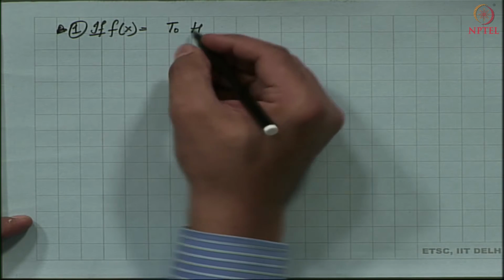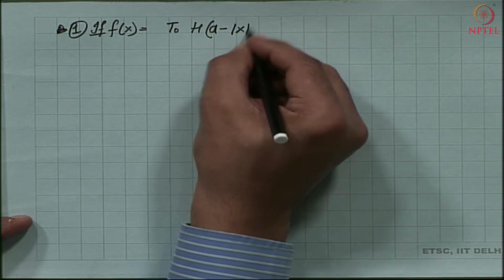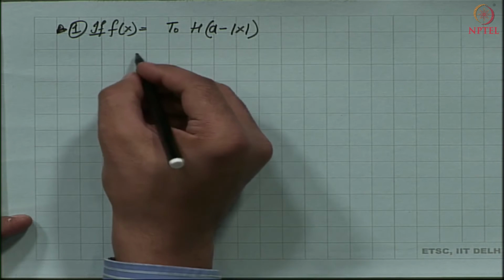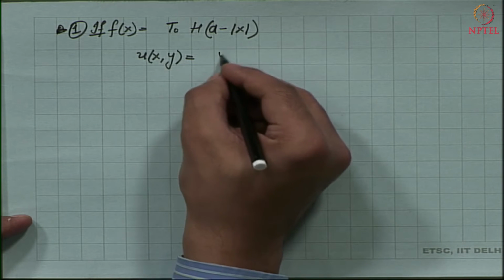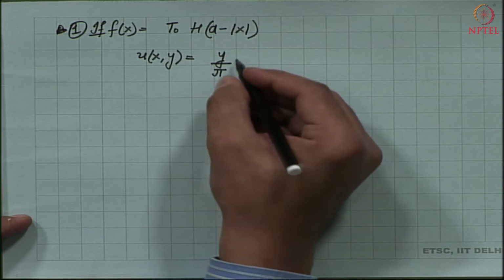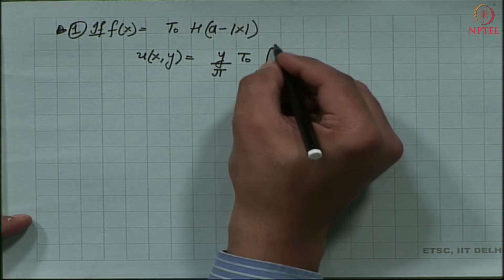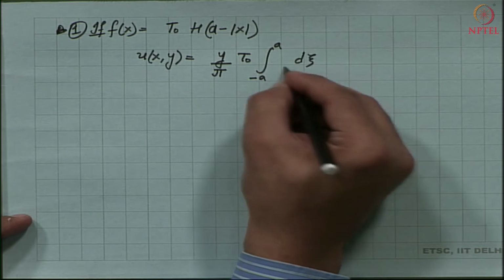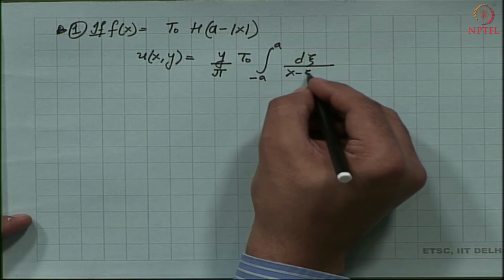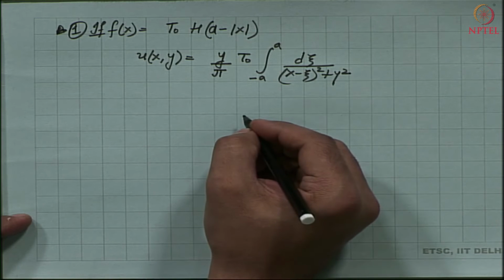So, this is a constant, t naught, times the Heaviside function of a minus mod x, right. In that case my solution u of x comma y will be y by pi t naught integral, this time from minus a to a. So, the infinite integral has changed to a finite integral, d zeta over x minus zeta square plus y square, right.